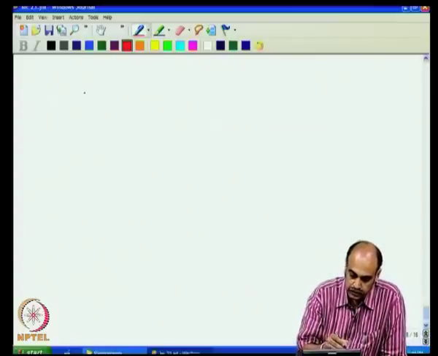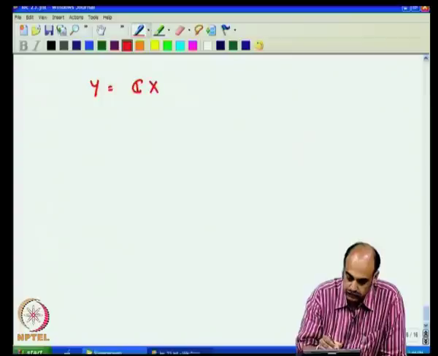We apply it to specific variables here. Now, here y is equal to C x.